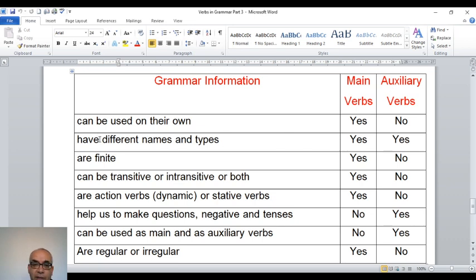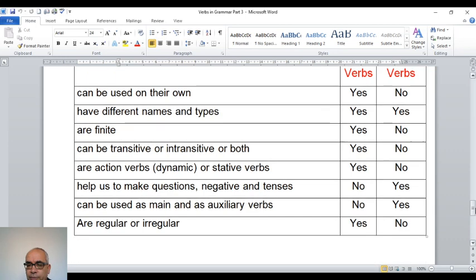Auxiliary verbs have different names and types? Yes. So look at this table. This is a summary. This is all the information about main verbs and auxiliary verbs. But I'll put videos on auxiliary verbs, more information, and videos on, again, modal verbs. I think more than one part on auxiliary verbs and modal verbs.